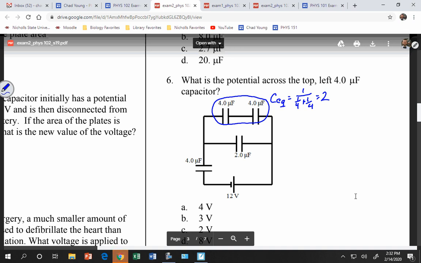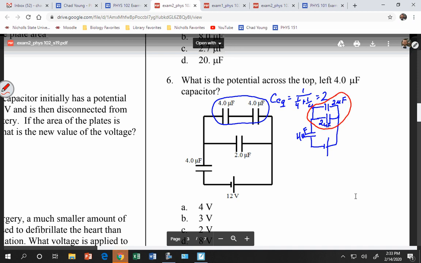And if I redraw this circuit, it looks like this. I have a 4 microfarad, I have a 2 microfarad, and another 2 microfarad. The next thing that I'm going to do is I'm going to look at these two capacitors.